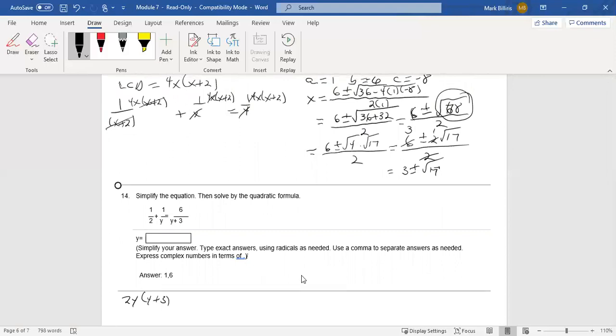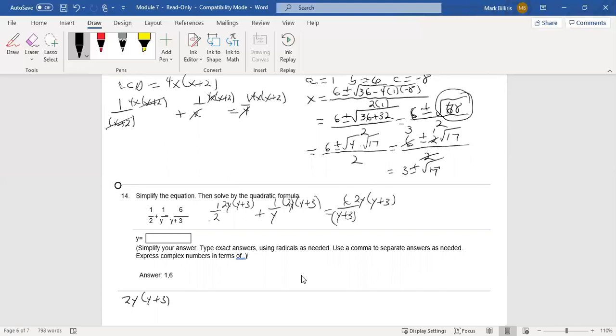So here we have 1 over 2 times 2y times y plus 3 plus 1 over y times our LCD, which is 2y times y plus 3. That equals 6 over y plus 3 times our LCD, which is 2y times y plus 3.